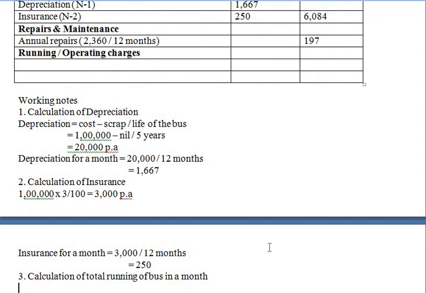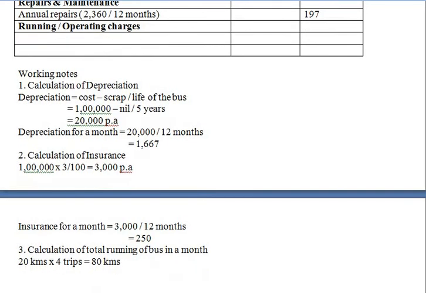So here it is 20 kilometers into 4 trips, which will be equals to 80 kilometers, right? So this is the first step.